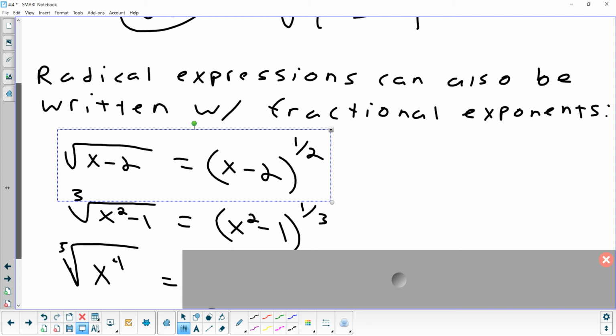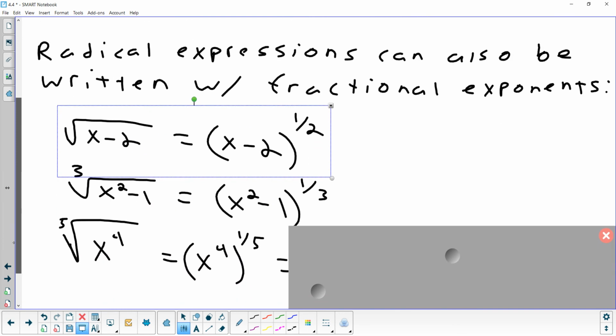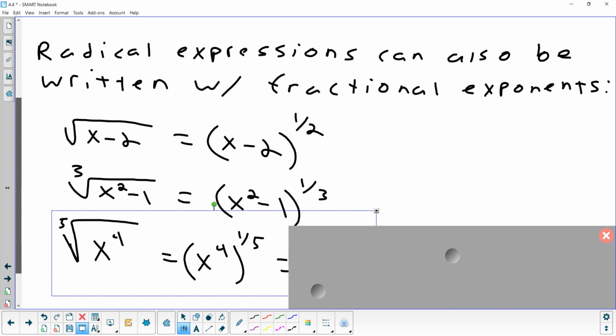And now, how about this one? We have the fifth root of x to the fourth. What's going to be my exponent when I do a fifth root? Matt? 1/5. Yeah, it's going to be 1 over 5, and this is one that we can actually simplify a little bit more. It's x to the fourth, and now you're raising it to the 1/5. That's a power to a power.